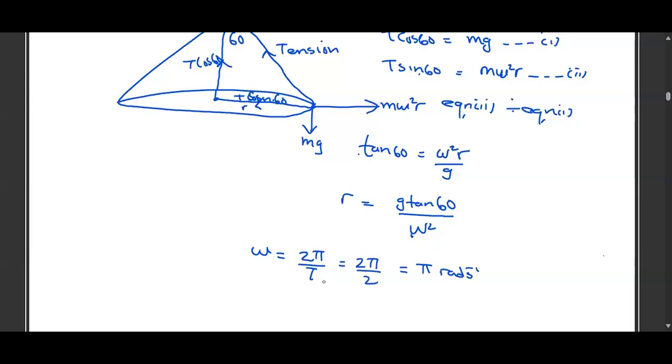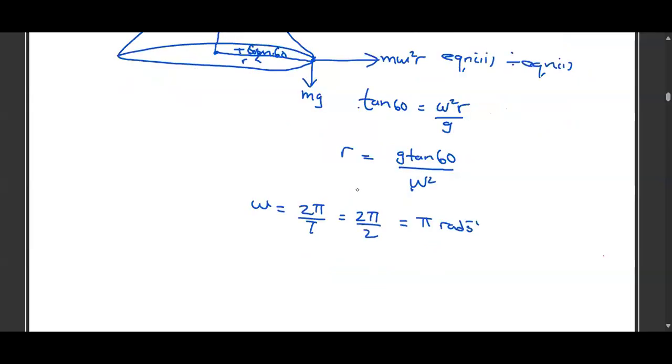So we can substitute in here to get our r. Our r is going to equal 9.81 tan of 60 divided by pi squared.